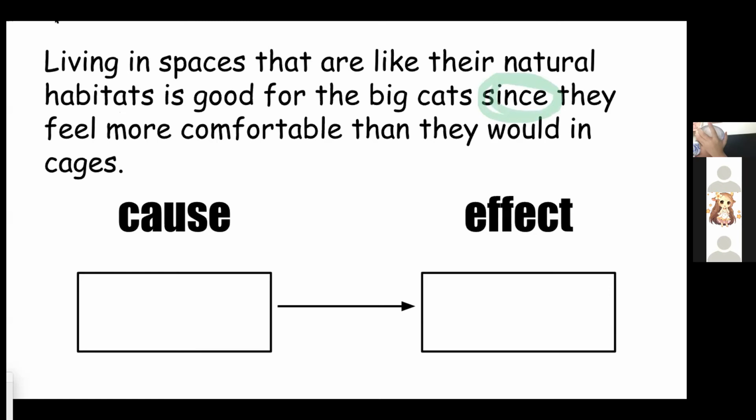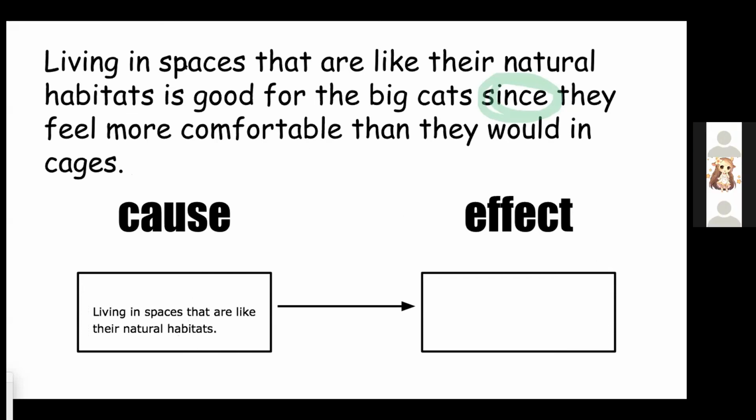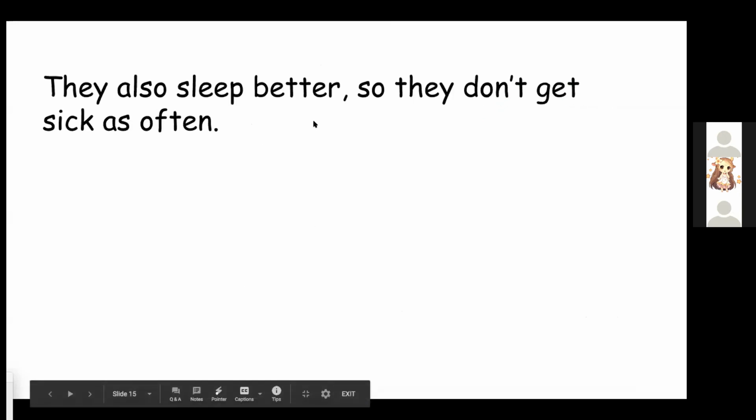Living in spaces that are like their natural habitats. Okay, and what is the effect of this? The effect is the big cats feel more comfortable than they would in cages. So our cause is they live in spaces that are like natural habitats, and the effect is that they are more comfortable. And they also sleep better, so they don't get sick as often.